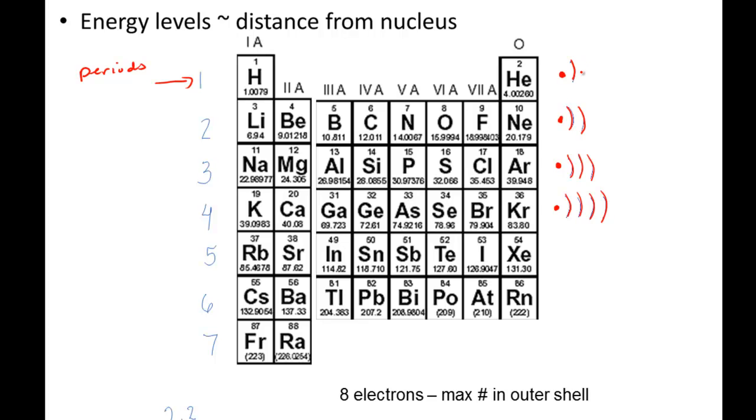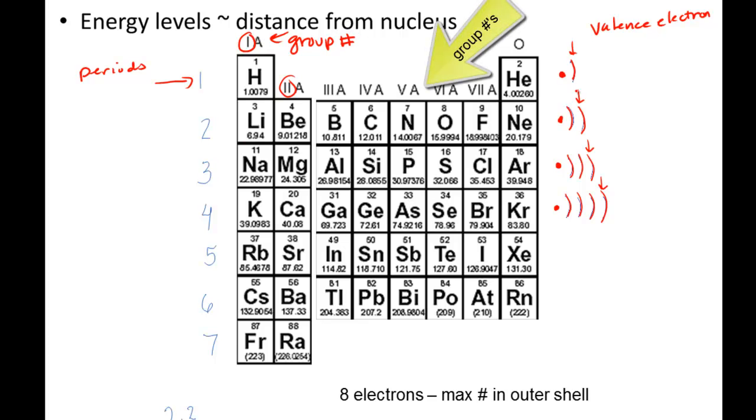We are interested in the electrons that are in the highest energy level, which tend to be the outer electrons, and we call these the valence electrons. The number of valence electrons will be equal to the group number, and these are group numbers up here.